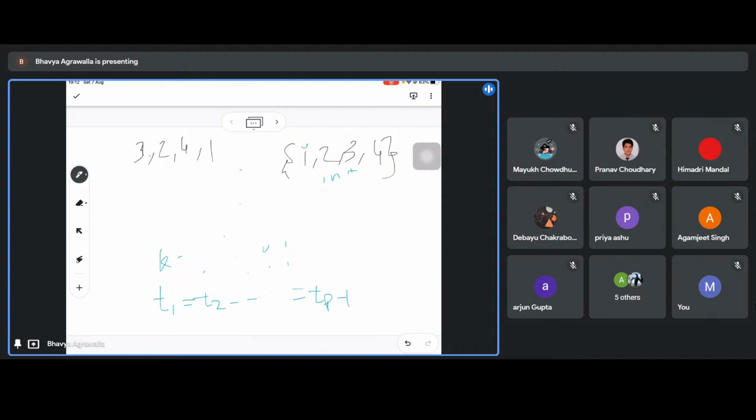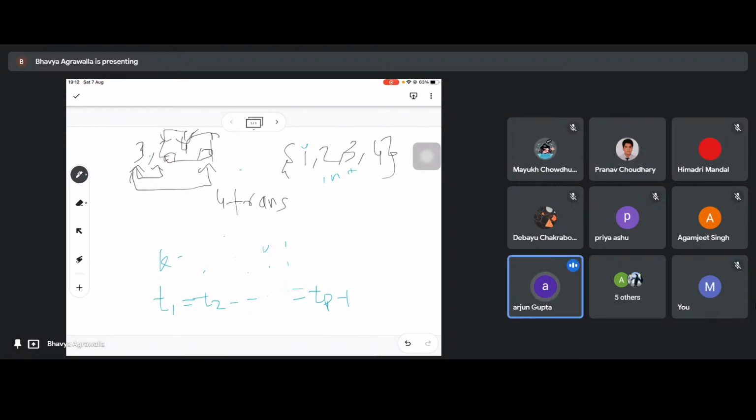If you look at 3, 2, this is a transposition because 3 is coming before 2. 3, 4 is not a transposition, but 3, 1 is again a transposition. 2, 4 is not, but 2, 1 is. And 4, 1 is again a transposition. So in all, you have 4 transpositions for this permutation. It's basically the number of pairs i, j which appear in the opposite order in the permutation.